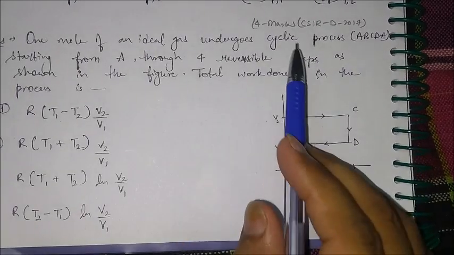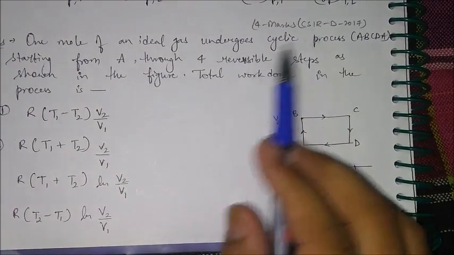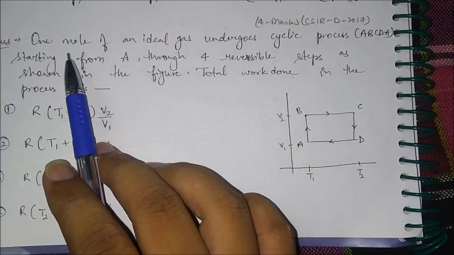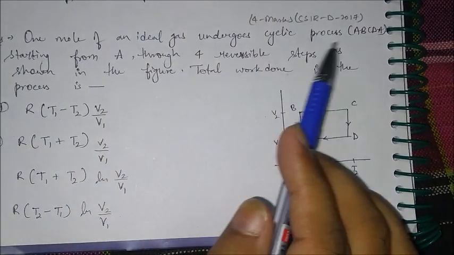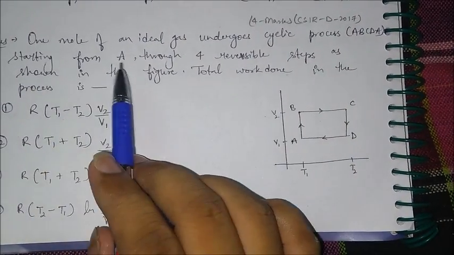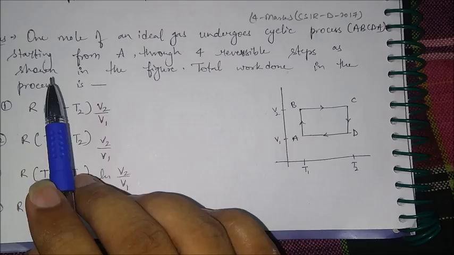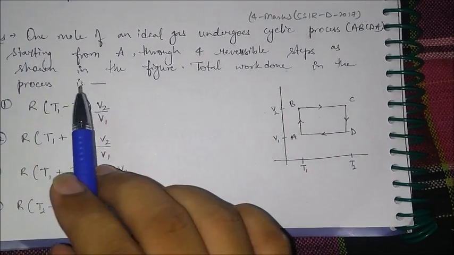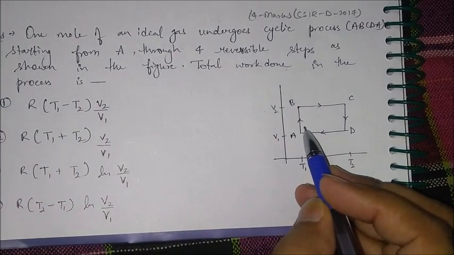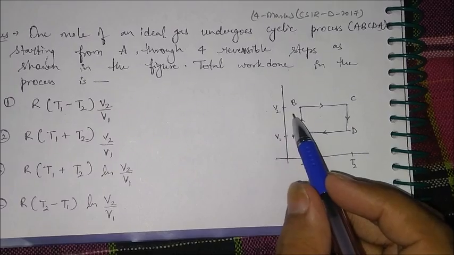The next question was asked in CSIR December 2017 and carries 4 marks. It says that 1 mole of an ideal gas undergoes the cyclic process ABCDA, starting from A, through 4 reversible processes shown in the figure. The total work done in the process is asked. You first have to identify that the process BC is going on at constant volume.